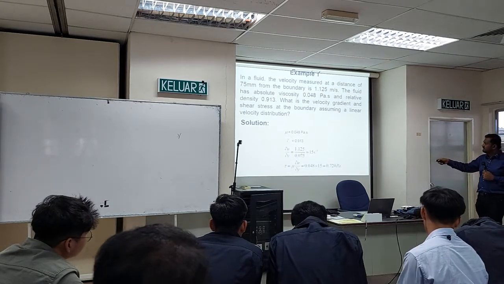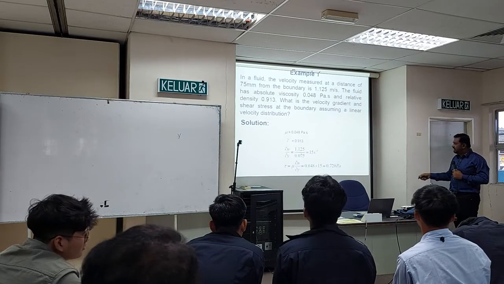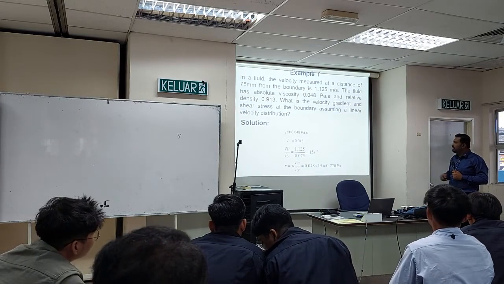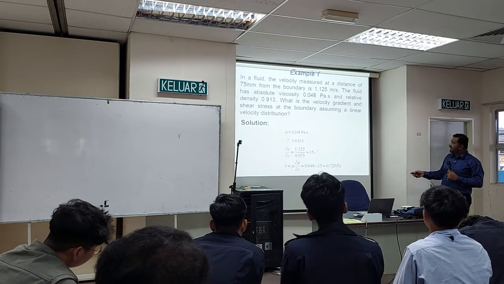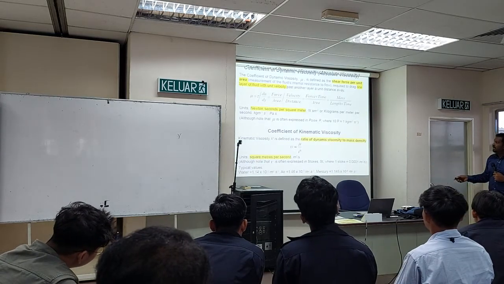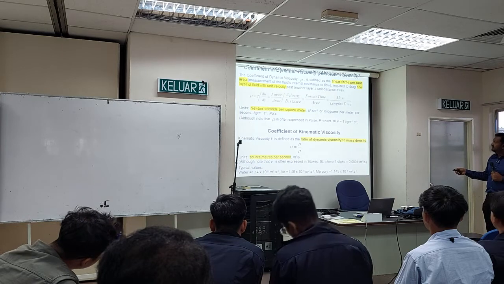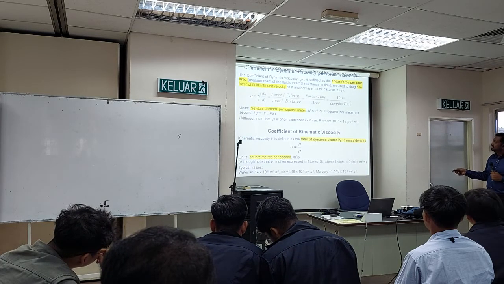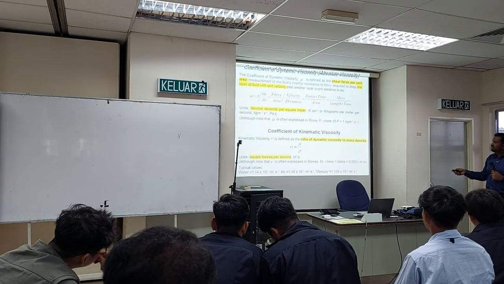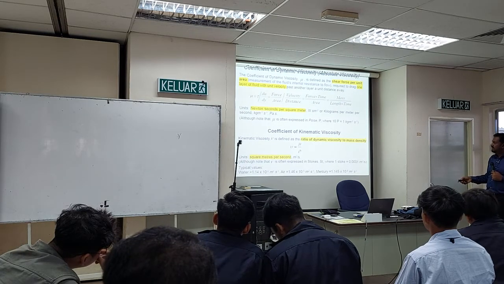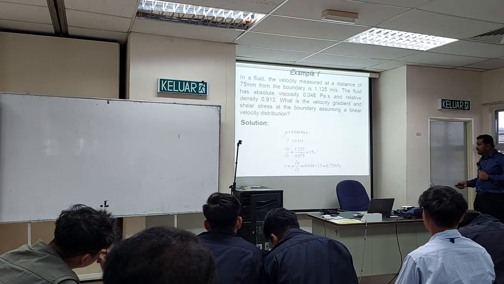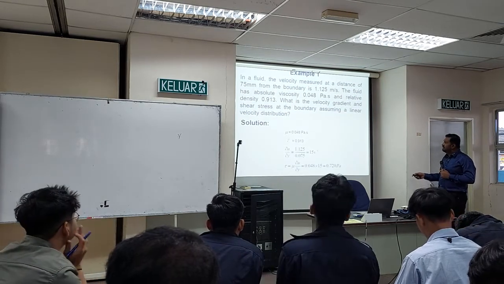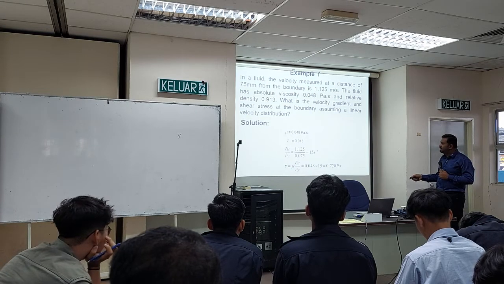And shear stress. Shear stress tau equals mu du over dy. So to find this you can use a lot of things, depending on what you want to find. First you find du over dy, so velocity divided by distance.